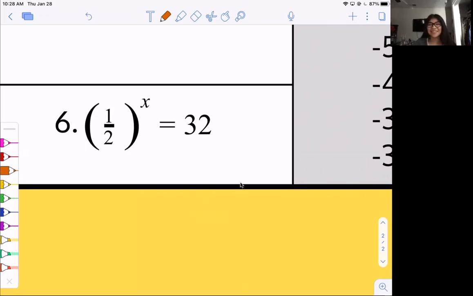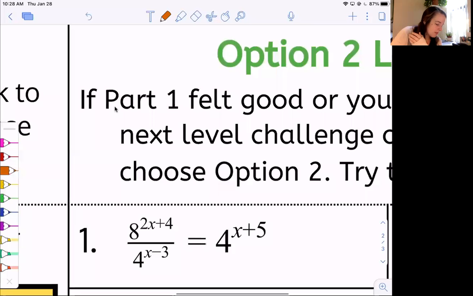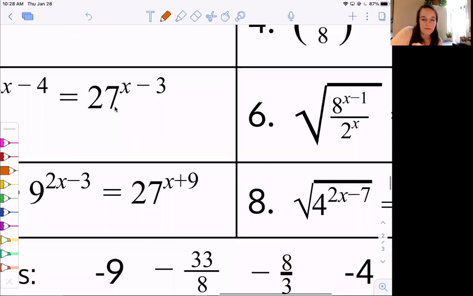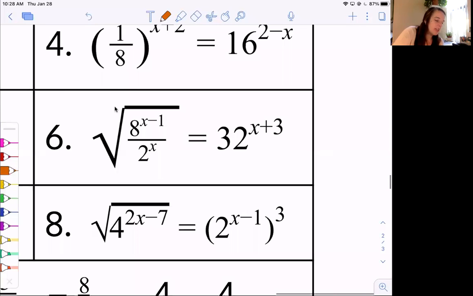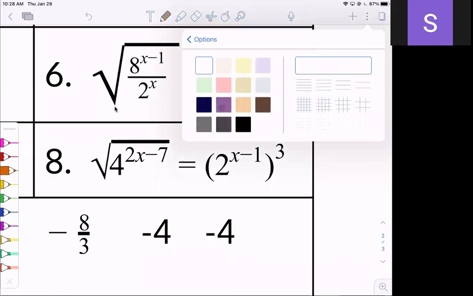Okay. Bye. Okay, Sara E. What did you make your common base? I meant like number 6 at the bottom. Oh, my bad. Number 6, this one here. Yeah, complicated. Sara E, have you been working on this the whole time we've been talking?